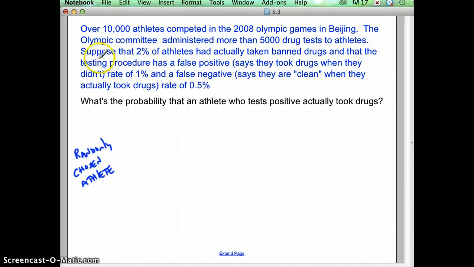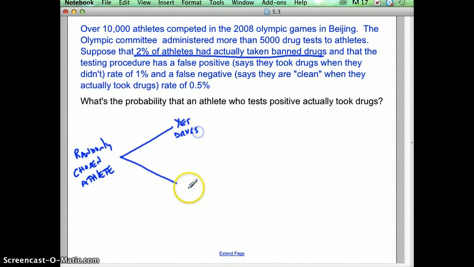Okay, so it says, suppose that 2% of athletes had actually taken banned drugs. So if we choose an athlete, either they took drugs or they didn't. So this is a yes, drugs, and this is a no to drugs.